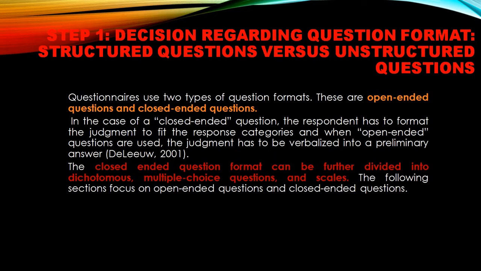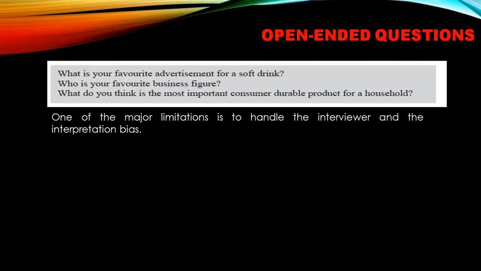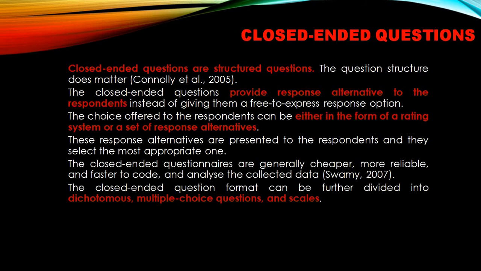Okay, so these are the detailed steps of the 6 steps that we have discussed. You can pause the video and read them for further clarifications. Okay, so these are examples of open-ended questions. What is your favorite advertisement for a soft drink? Okay, it can vary from respondent to respondent. Okay, this is about close-ended questions.